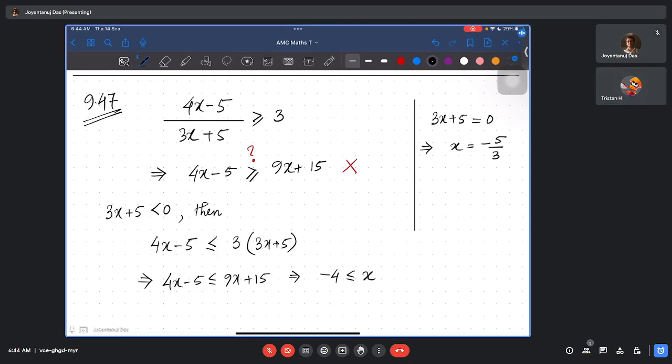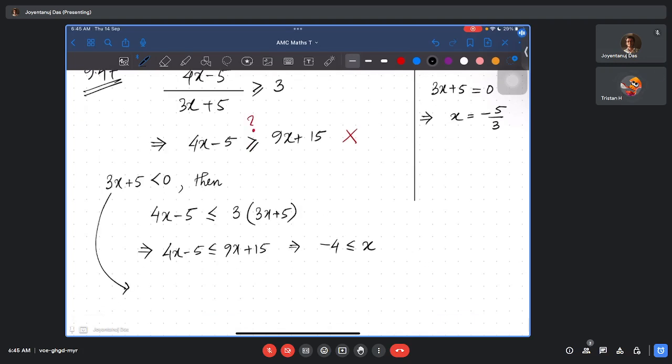So if x is greater than or equal to -4, that is when this quantity is less than 0. If 3x plus 5 is less than 0 and x is starting from -4, up to how much will it be less than 0? That implies x is less than negative 5 over 3.